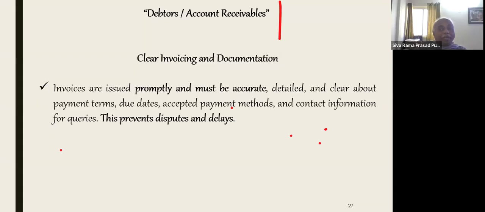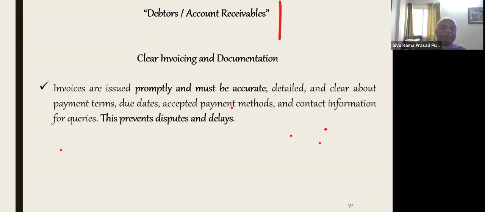Invoices are issued promptly and must be accurate, detailed, and clear about the payment terms, due dates, accepted payments, and contact information for queries. This prevents payment disputes and delays.